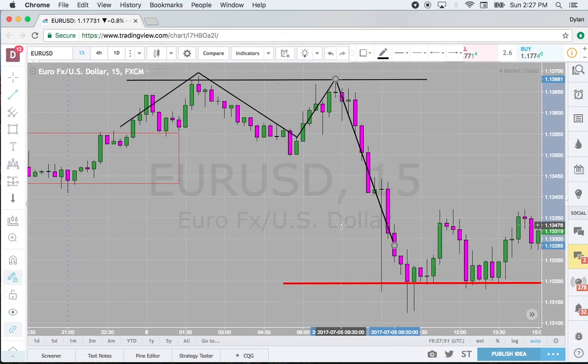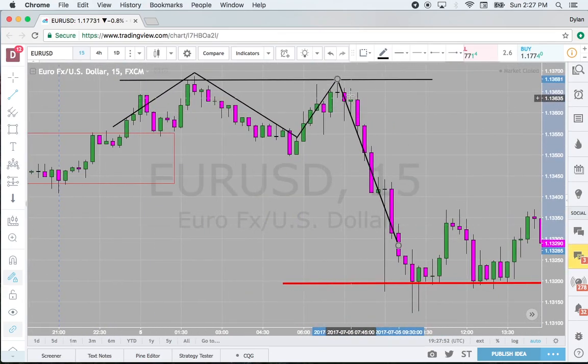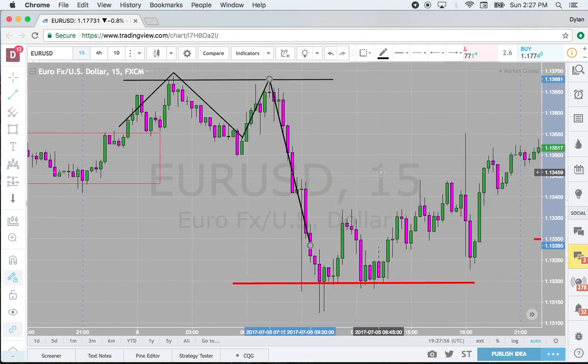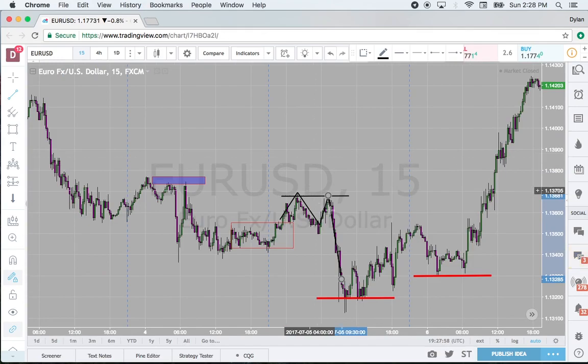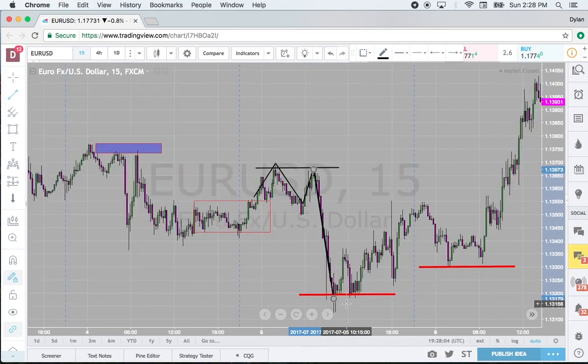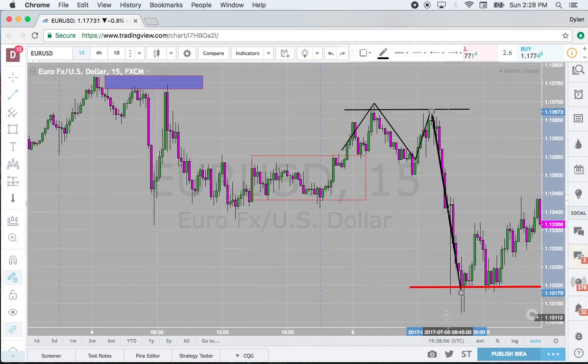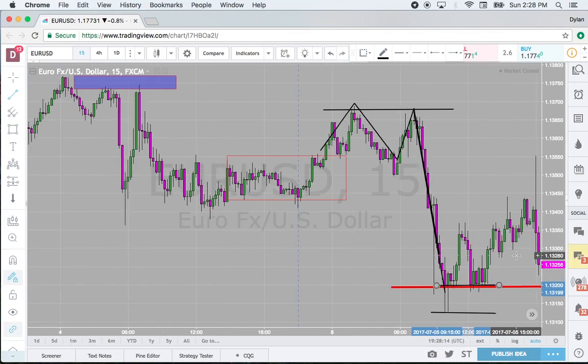Also accompanying that second leg is the star formation right here to the high of the day, and then we have the move to the low, spiking to the low. The low was created here. The close low was here, the close of that candle.